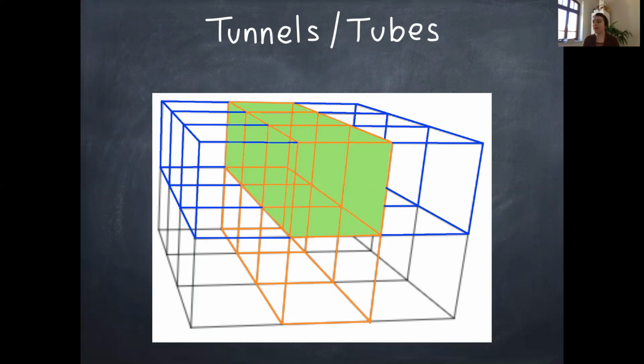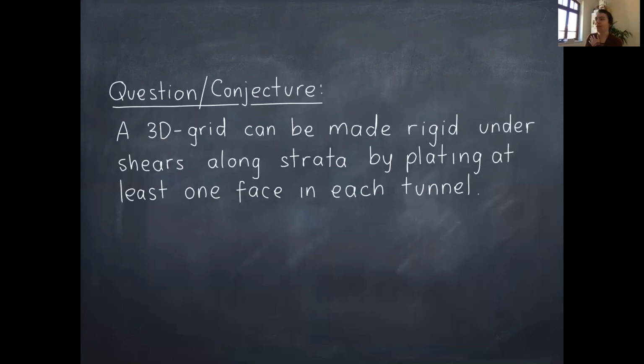And now the question that I have for you all rigidity experts is, could I possibly have the following conjecture question? I'll formulate it as a conjecture. A 3D grid can be made rigid under shears along the strata by plating at least one face in each tunnel.